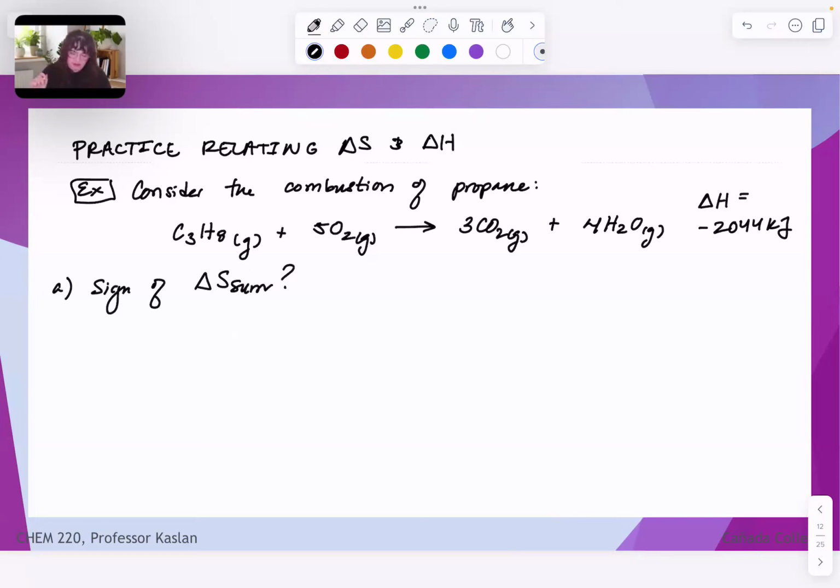So what is the sign change in the entropy of the surroundings when this reaction happens?